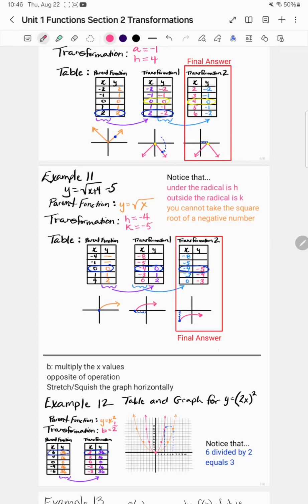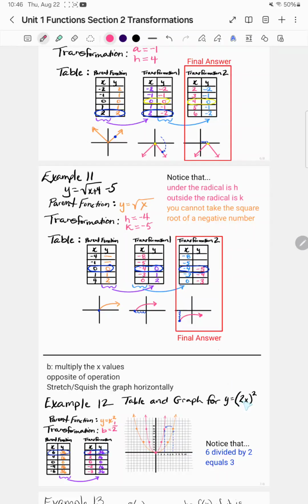So one of the things we need to notice is that in the equation we see that x is being multiplied by 2, but the note here tells me that I have to do the opposite of the operation that I'm seeing in the equation. Just like how with h, it says minus, that means I add. It's the same thing for b.